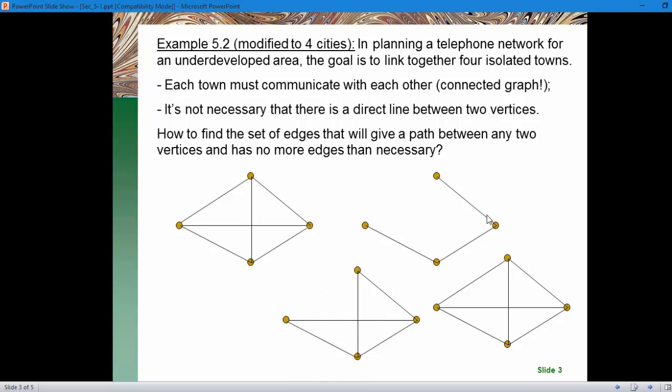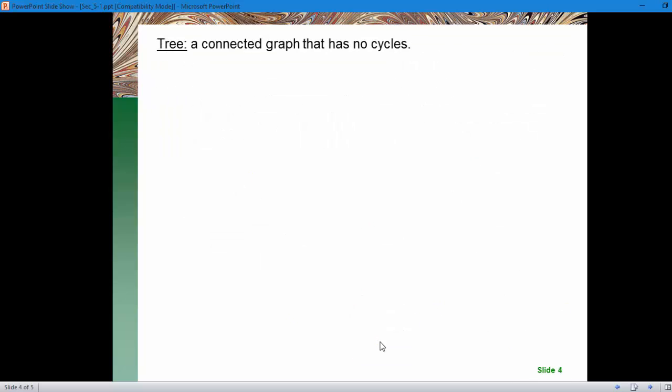And then we can also have this example. See the same properties. All towns are connected, and there's no more edges than necessary. And here's the other example. Those 2 examples illustrate a special type of graph called tree.